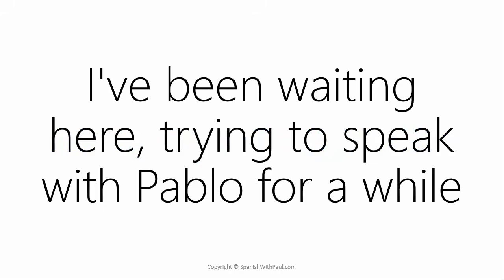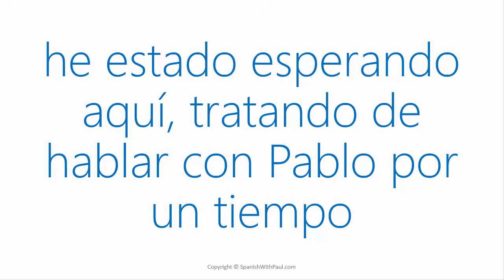I've been waiting here, trying to speak with Pablo for a while. He estado esperando aquí, tratando de hablar con Pablo por un tiempo. With longer sentences like these, you always take your time and simply put one building block on top of the other. This technique will really surprise you in that you can build quite complicated sentences.